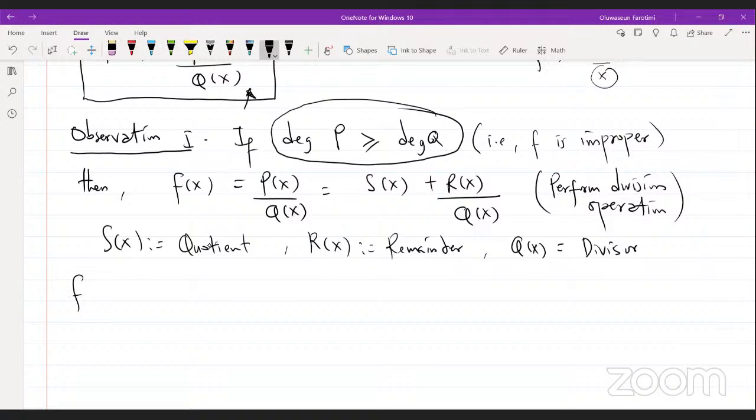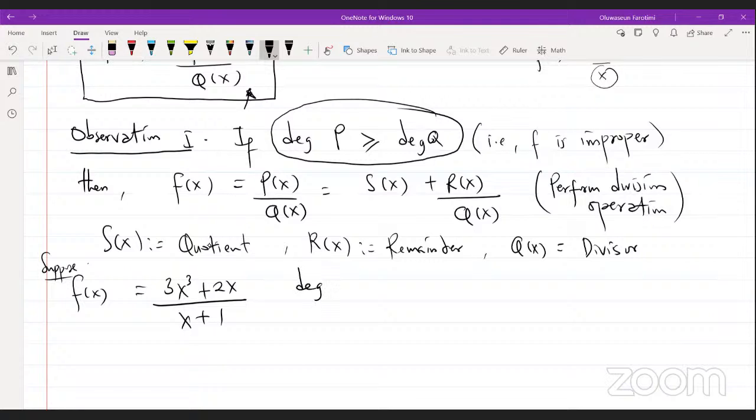Let's suppose that f of x is given by 3x cubed plus 2x, all divided by x plus 1. Suppose we have this guy. Now, what do I need to do, guys? I need to first check the highest degree of x on the top. It's a 3, right?